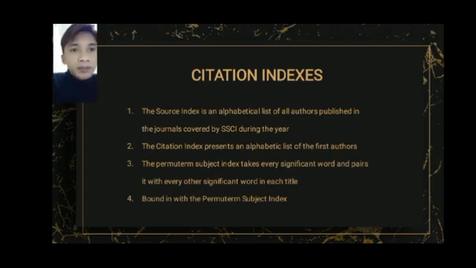The fourth is bound with the permuterm subject index. The corporate address index is an alphabetical listing of organizations with which authors publishing during the year are affiliated. Under its corporate entry is a list of authors with complete bibliographic information.